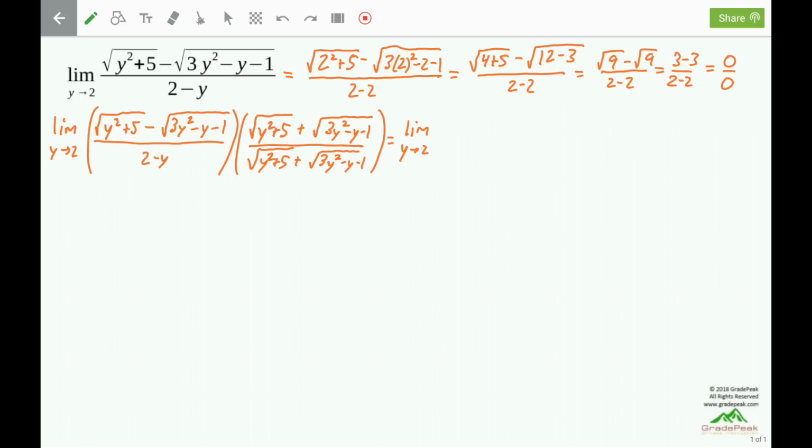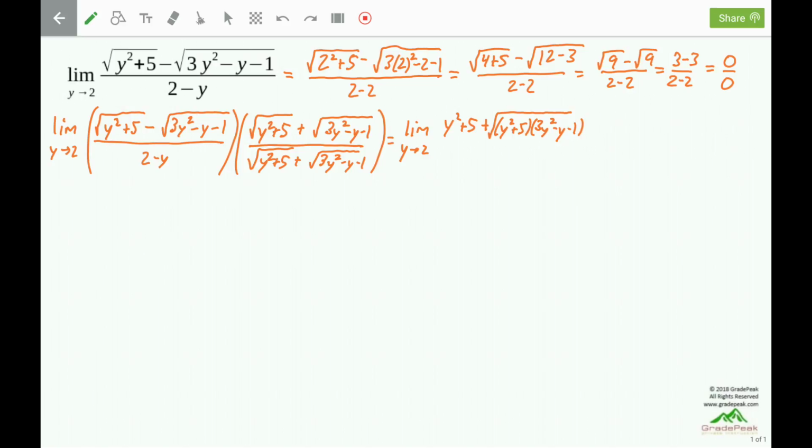In the numerator, we have conjugate pairs, so we're going to FOIL that out first. Root y squared plus 5 times root y squared plus 5 will be a y squared plus 5. Outside, positive root y squared plus 5 times positive root 3y squared minus y minus 1 will become a positive root of y squared plus 5 times 3y squared minus y minus 1.